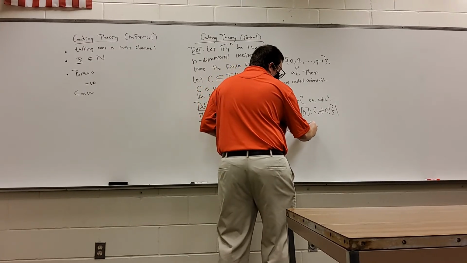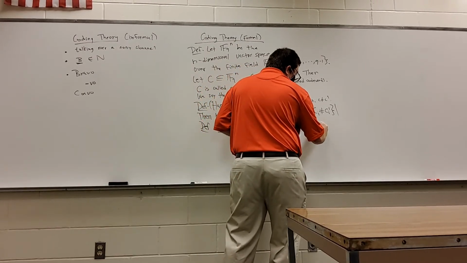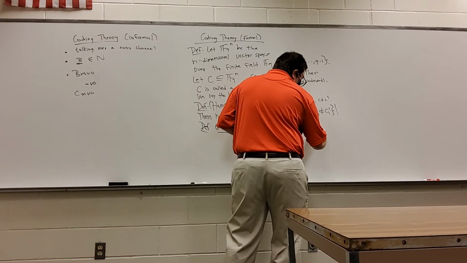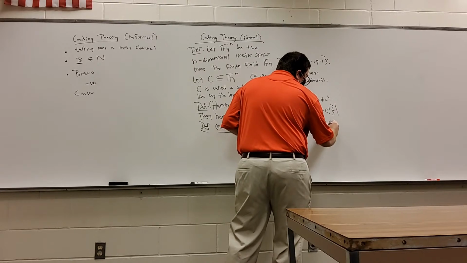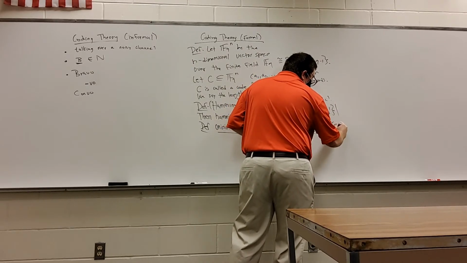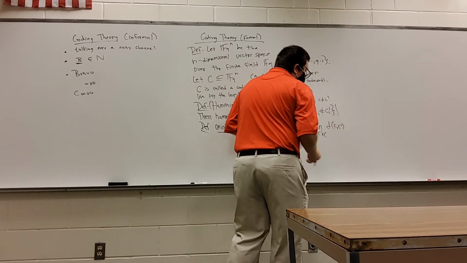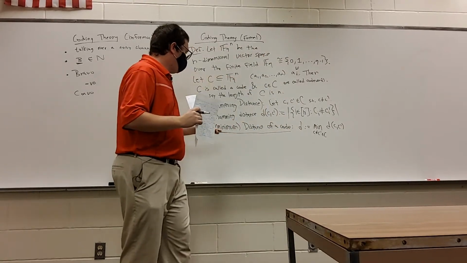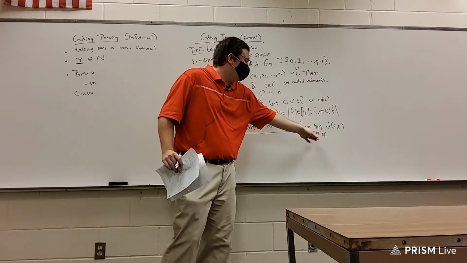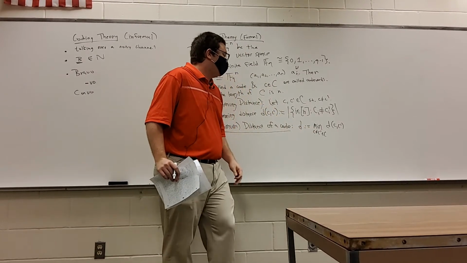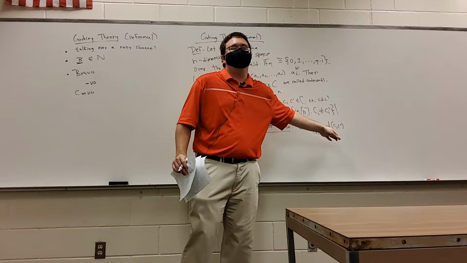It's going to be equal to the minimum Hamming distance between any two code words in the code. So we say that the distance of a code is just the minimum of any distance between any two code words.